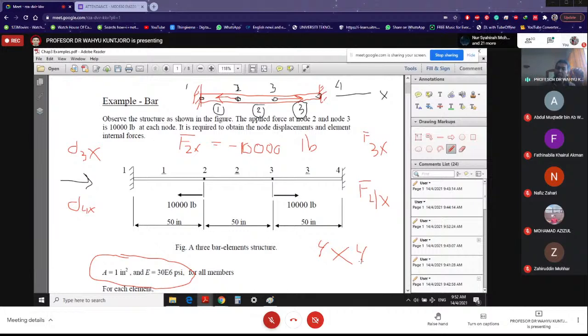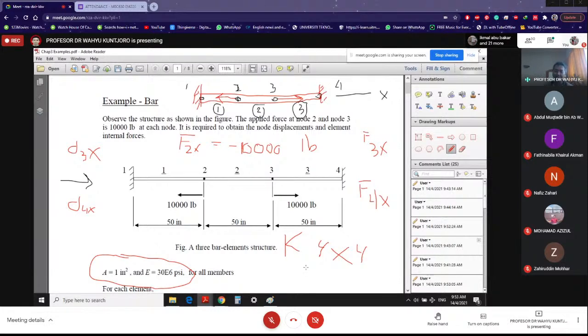You write your element equation, and then you expand it from 2 by 2 into 4 by 4. And then after that, you combine all those equations. You have 4 equations. You combine them all together after expansion, and then you are going to have your capital K, 4 by 4. So that is before you introduce the boundary condition.